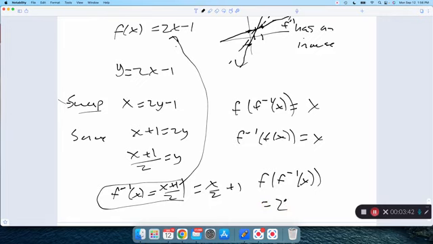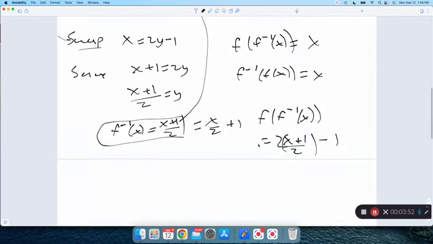My input is all of this. Then subtract 1. These 2's cancel. I get x plus 1 minus 1. I just get x. That's what I'm supposed to get if they are in fact inverses.